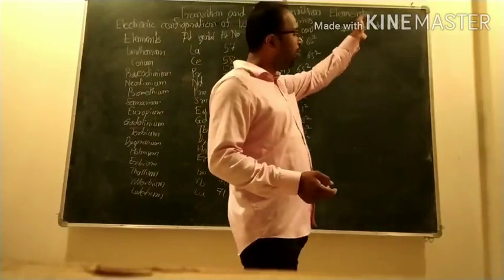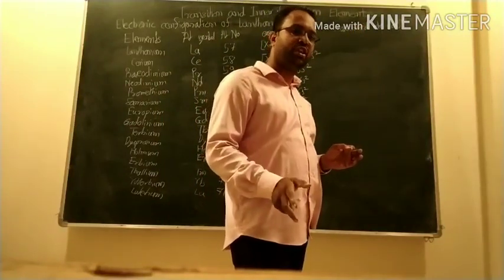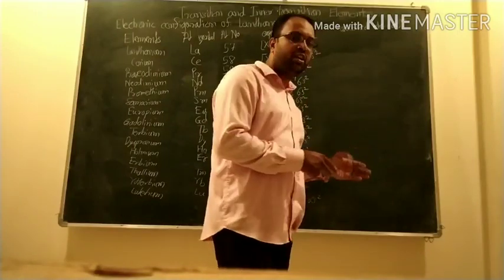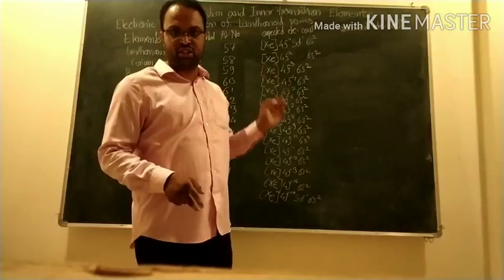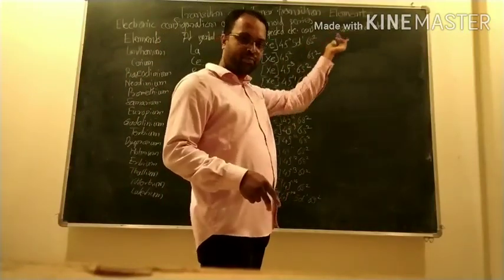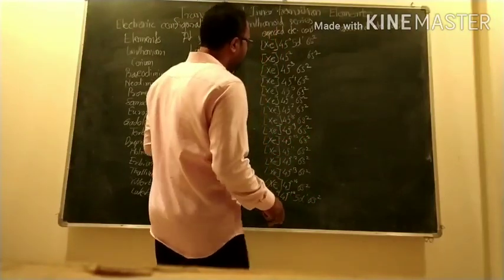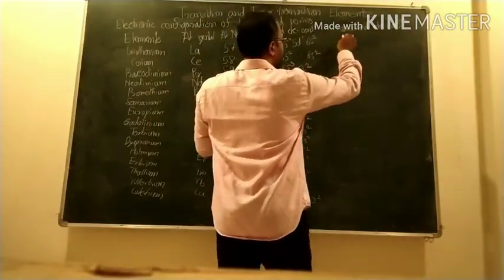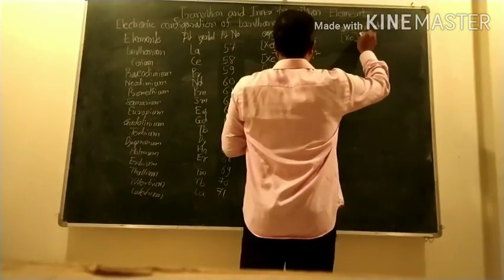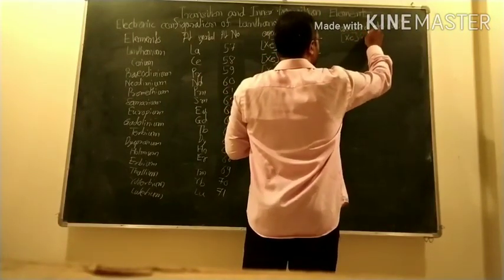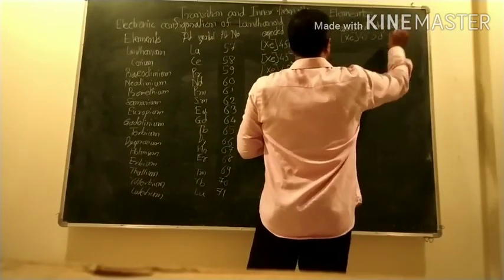Now the next is the observed electronic configuration. The observed electronic configuration changes in some cases, as in d block or transition elements, for half-filled and fully filled conditions. For example, the first is similar, because this is not a part of the inner transition or d block elements, so the electronic configuration is similar.